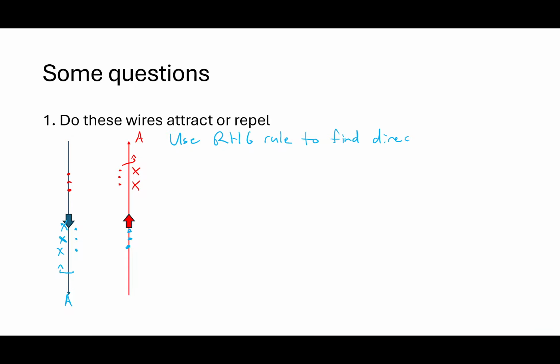So we use the right hand grip rule to find the direction of the magnetic field. Now we use the right hand slap rule to find the force on each wire.